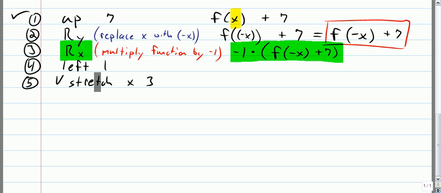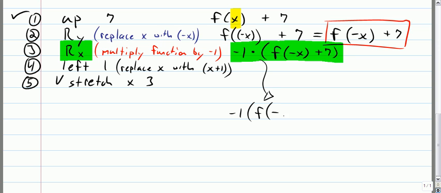Okay, left 1 is the next step, and we've said replace x with x plus 1. So if you look at what I've got in green there, I'm going to move it left 1. So wherever there's x, I need to replace it with x plus 1. So kind of recopying the green, f, a minus, okay, there's an x right there.